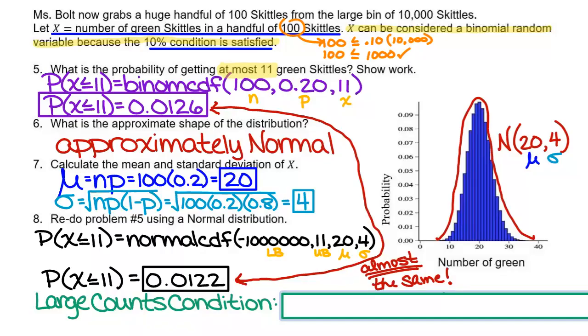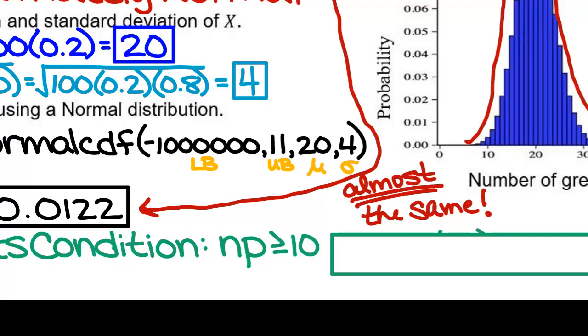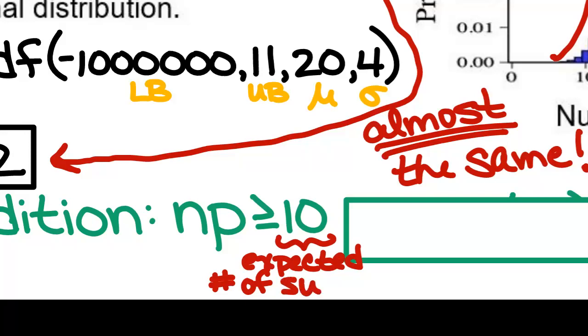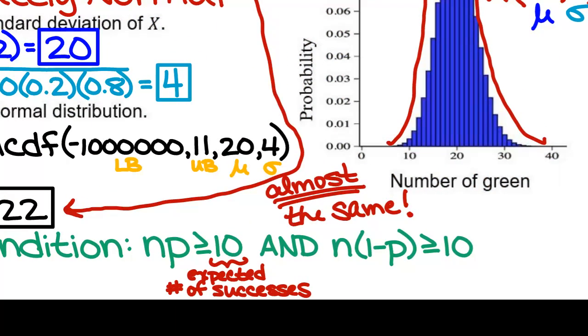The large counts condition says that if n times p is greater than or equal to 10, so this would be the expected number of successes, and n times 1 minus p is also greater than or equal to 10. Let me read the correct inequality.